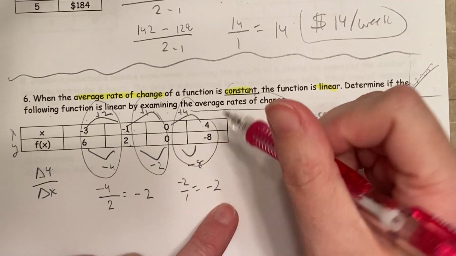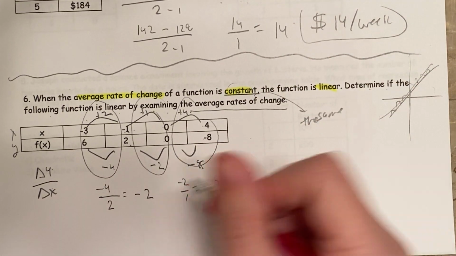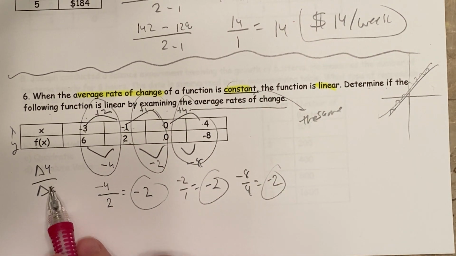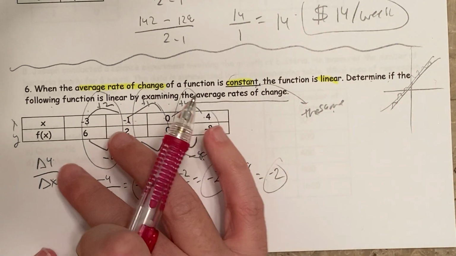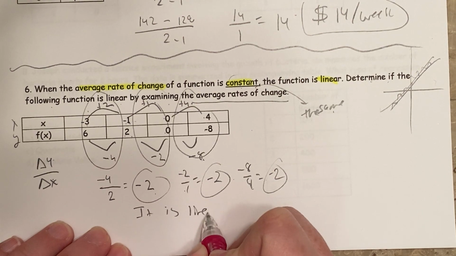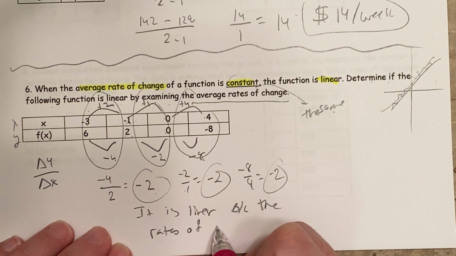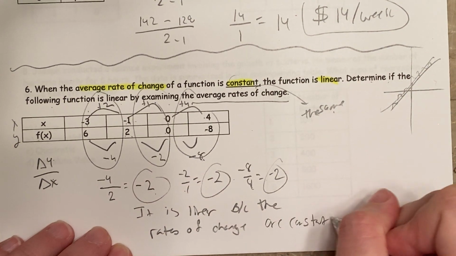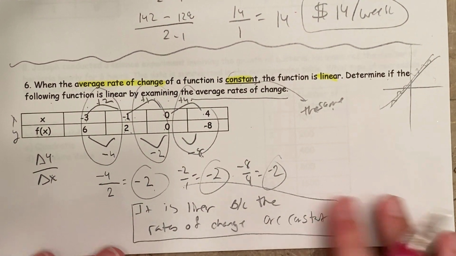Don't assume the last one's the same. -8 over 4. Oh, but it's -2. So see how these are all the same when I go through this process? Because they're constant, that means this function is actually linear. So it is linear because the rates of change are constant. I'm actually going to show you something in a little bit on how to do it in the calculator. I get it to graph it so you can see what it looks like.